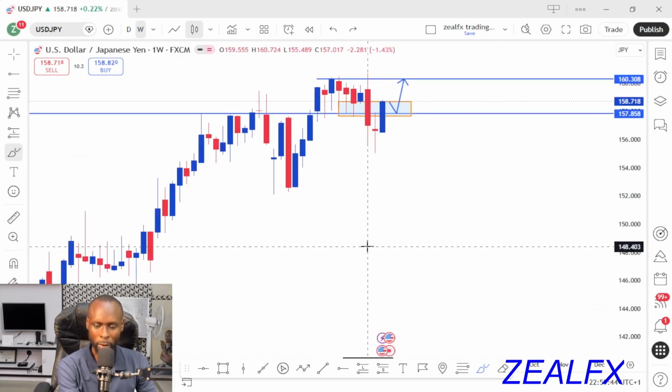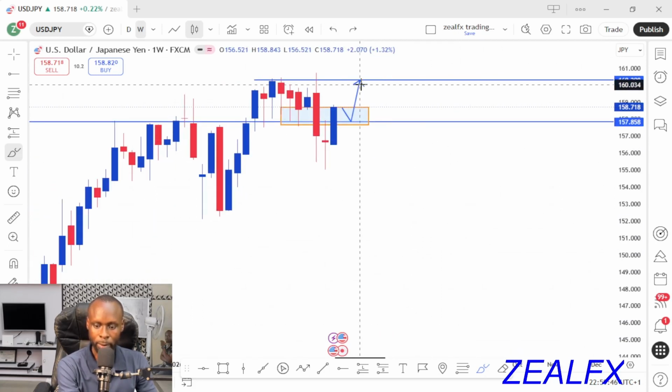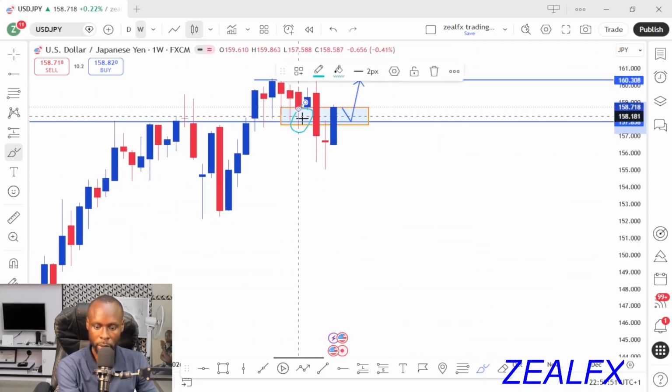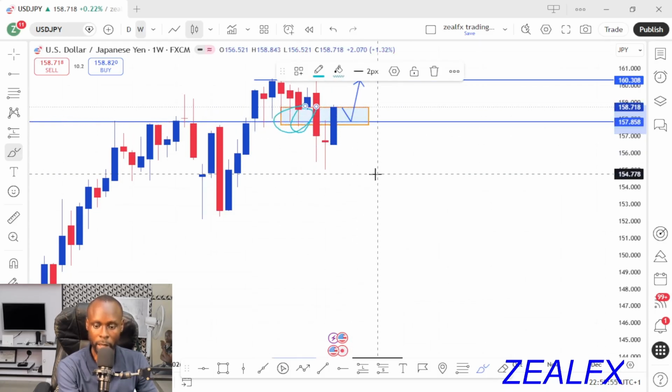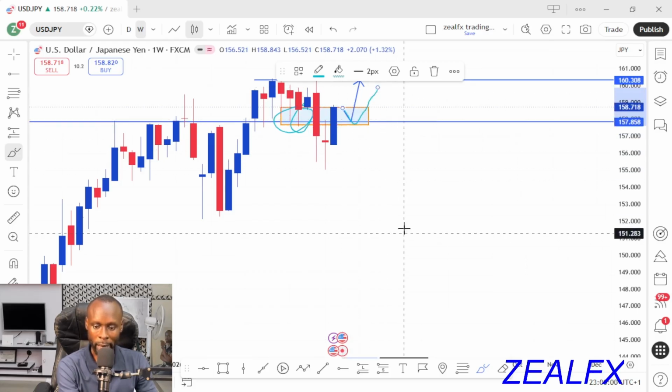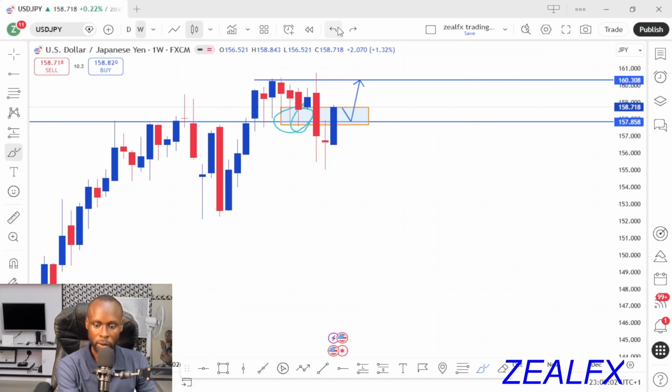Then we also have price converting this particular resistance level into a support level, which is a good sign for a buying opportunity for the USDJPY. So long as price has converted that previous resistance into a support level, it is a good time for us to take advantage and buy the USDJPY to the top.